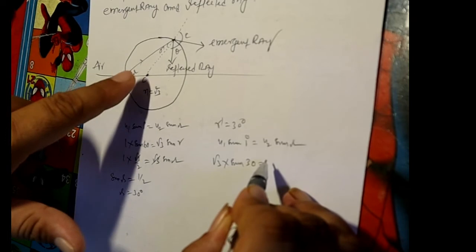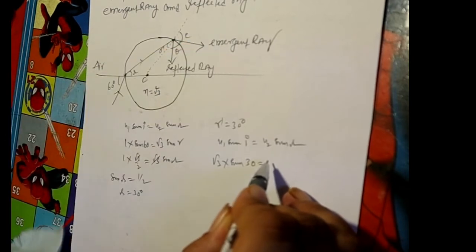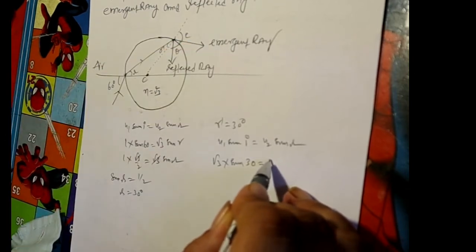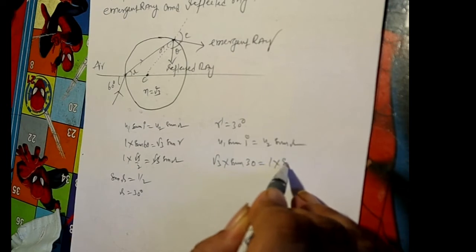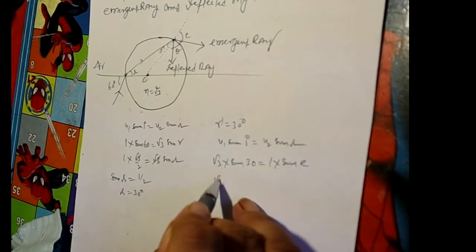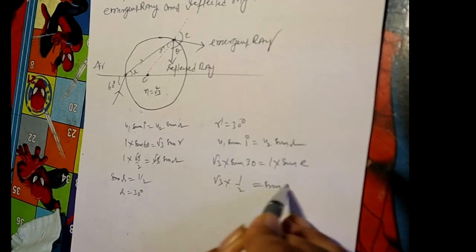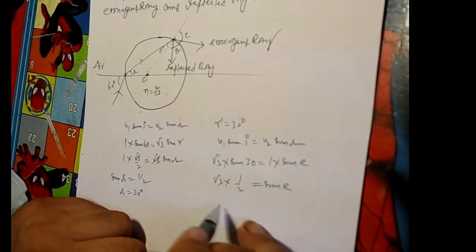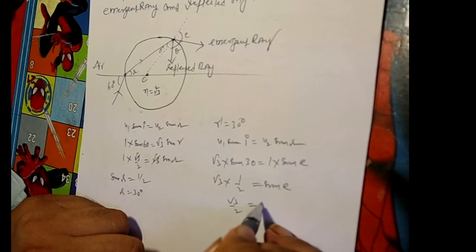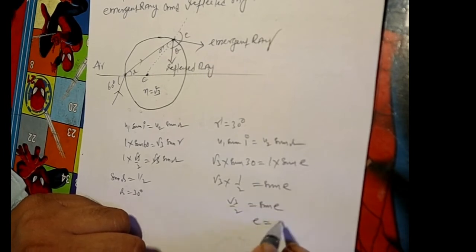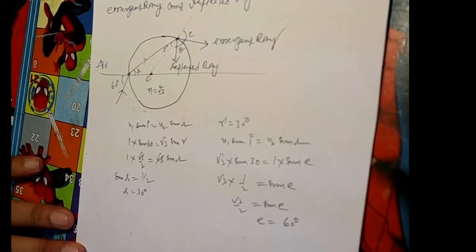The light ray travels from glass to air. So 1 into sin e. So root 3 into sin 30, 1 by 2, that is equal to sin e. So here root 3 by 2 is equal to sin e. That means e is equal to how much? 60 degrees. Right.